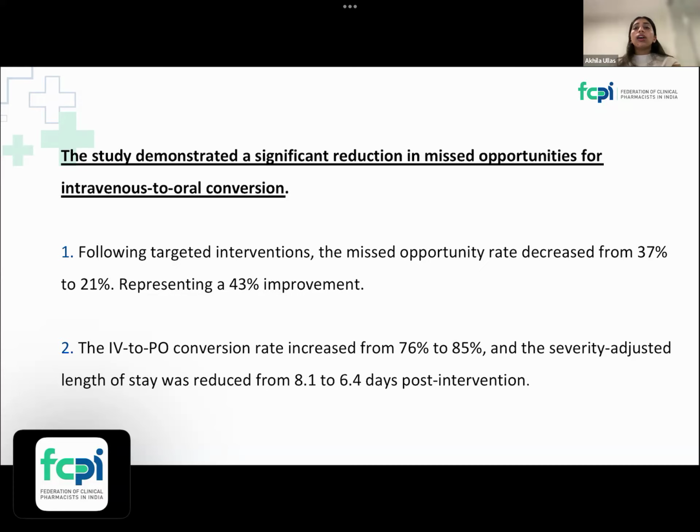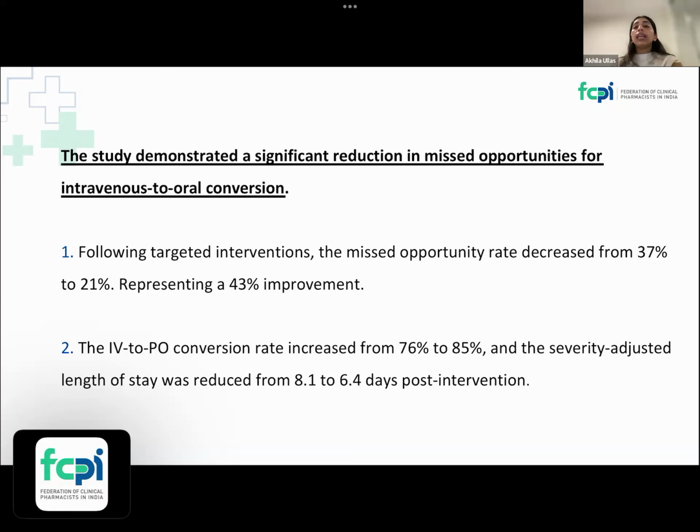In the post analysis, after their interventions, they reduced the missed opportunities from 37 to 21 percent, a 43 percent improvement. IV to oral conversion rates increased from 76 to 85 percent, and the length of stay of the patient was reduced from 8.1 to 6.4 days after the intervention.